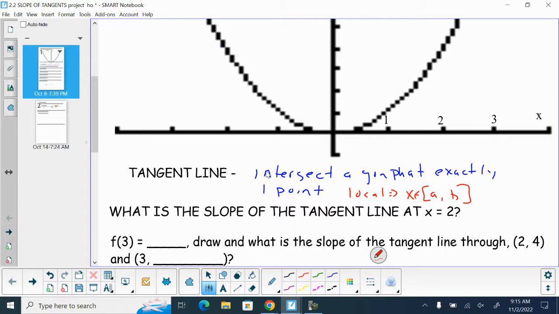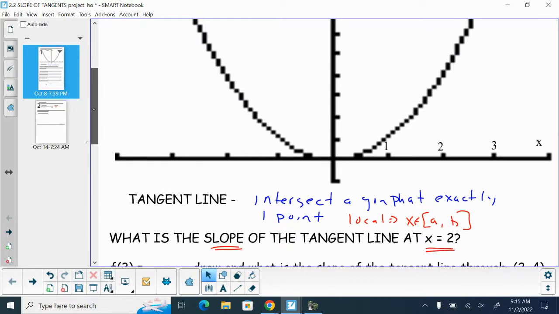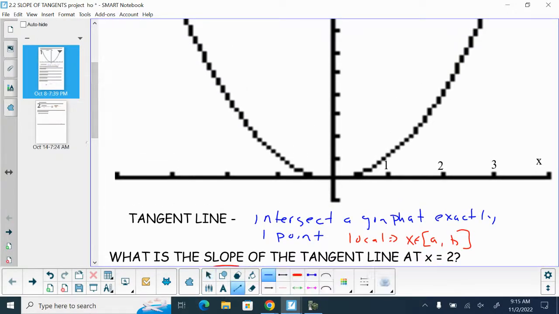Well, what we want to do is draw a graph and determine the slope of the tangent line at an x value of 2. So if I take a look at my graph here, at an x value of 2, this takes me to this point right here. We want to determine the slope and the equation of a tangent line.